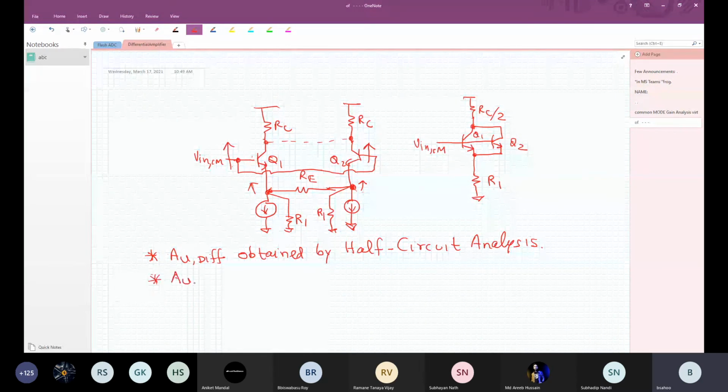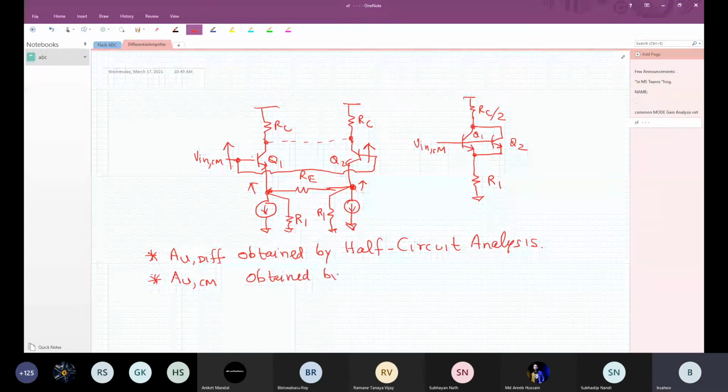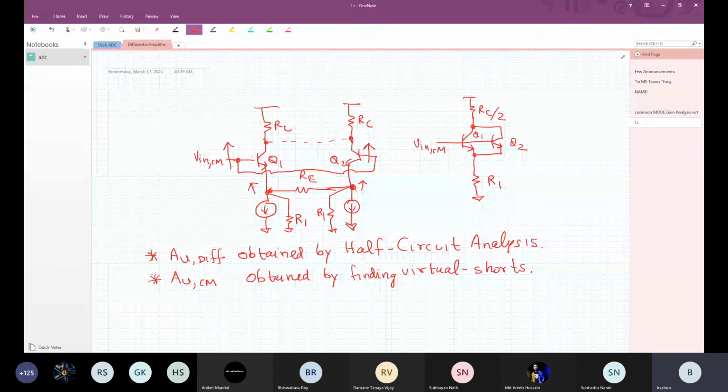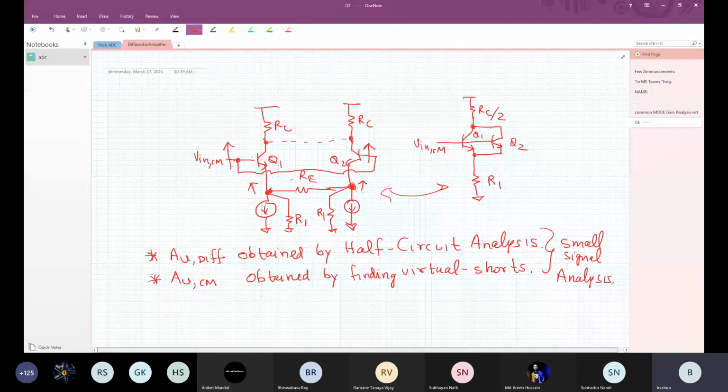AVCM is obtained by finding virtual shorts. What is a virtual short? These two are virtual shorts, that's why I've shorted them. So this is obtained by doing a virtual short. These are all small signal analysis. I will discuss large signal analysis tomorrow, and we wrap up the differential amplifier, and we go to feedback on Friday.